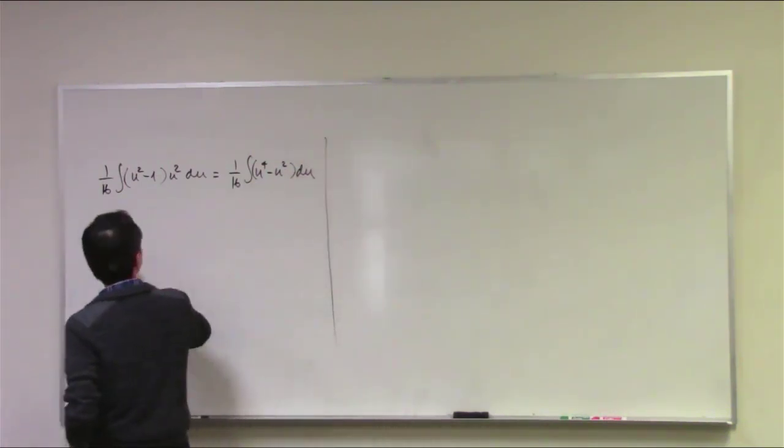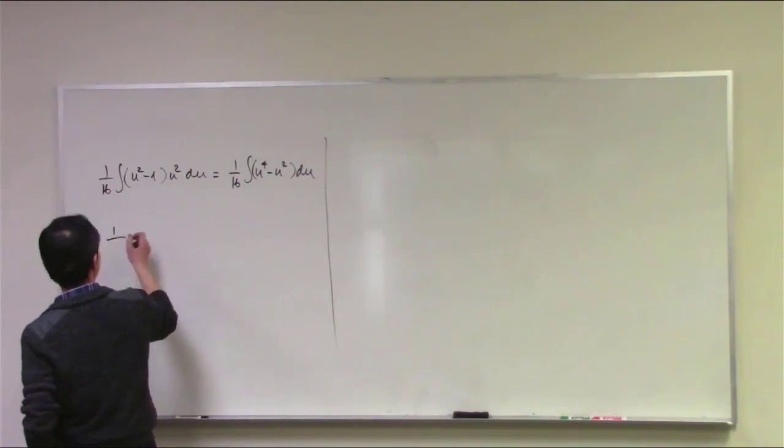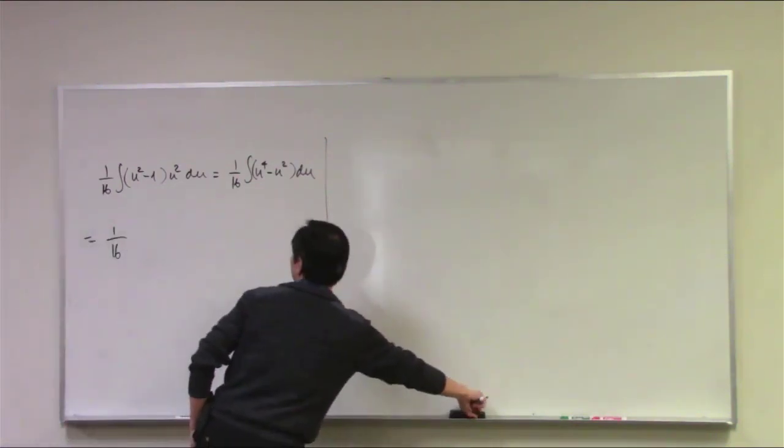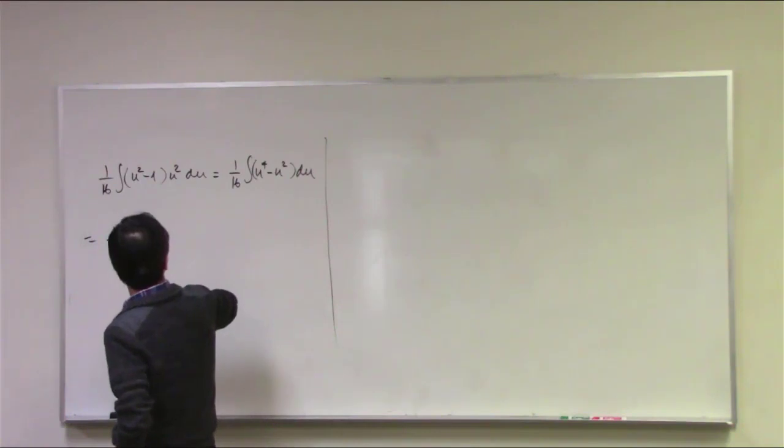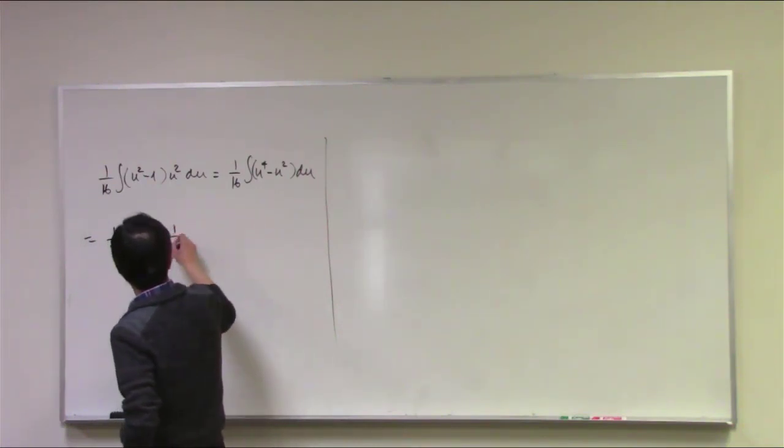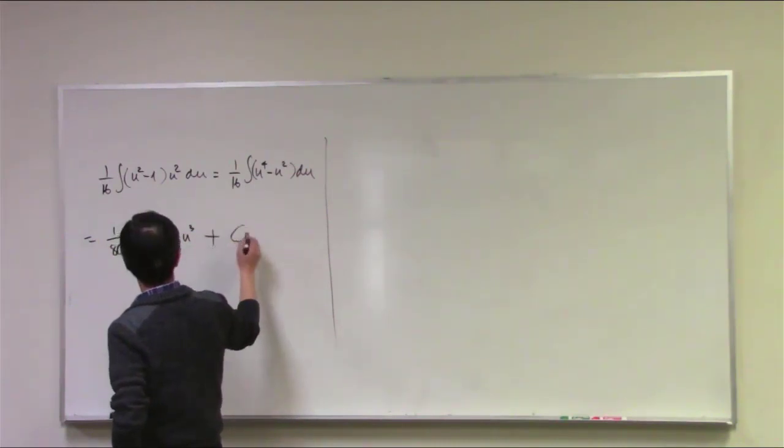So it's going to be 1/16, and multiply with a 5, so that's making it 1 over 80 u to the fifth power. You guys follow it? And minus 1 over 48 times u to the third power plus c.